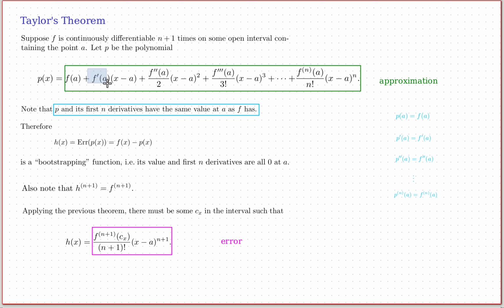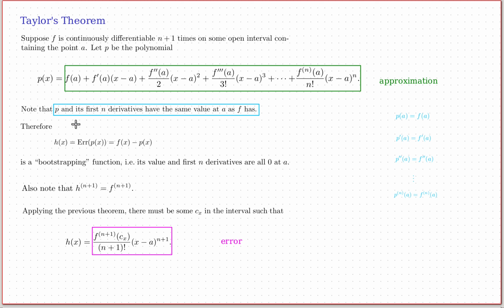Therefore, the only thing remaining when you plug in x equals a will be f prime of a. So you can actually just write out the derivatives and convince yourself that p of x will have all the same derivatives as f had, at least up to the nth order, when evaluated at a. Not necessarily when evaluated elsewhere, of course, but at least at the point a, it'll have the same value and the same first n derivatives.